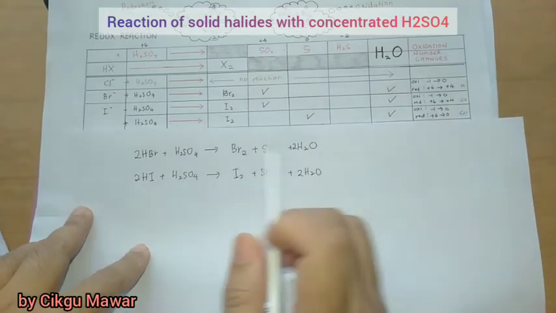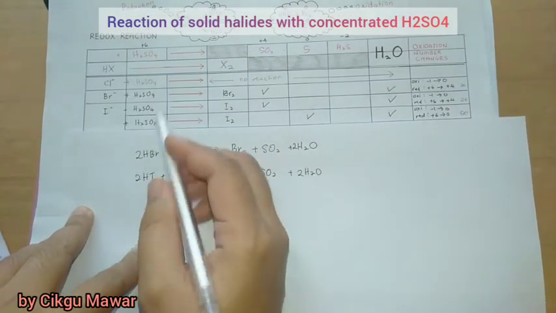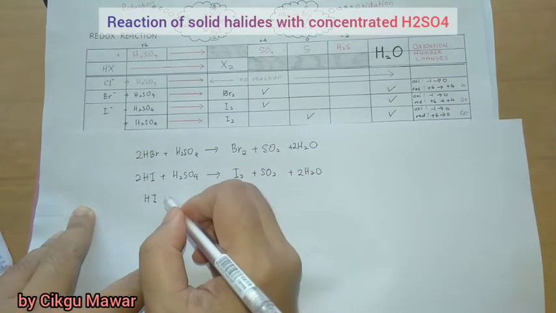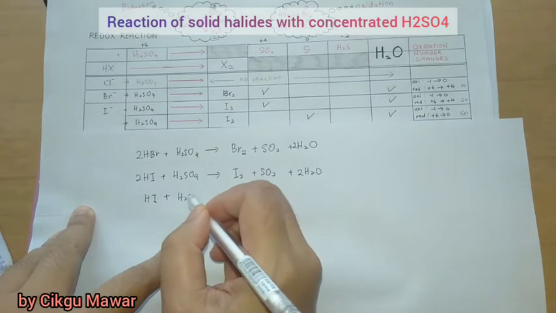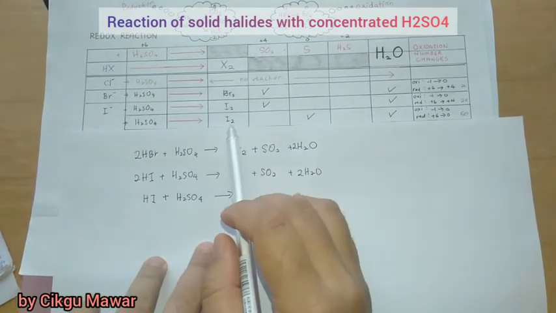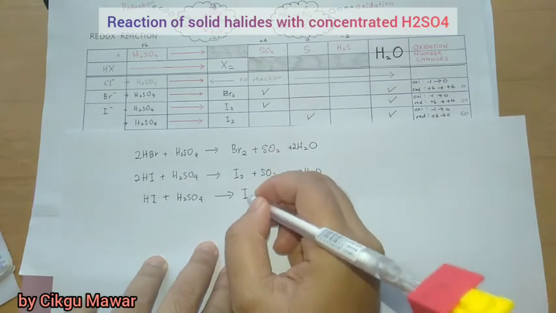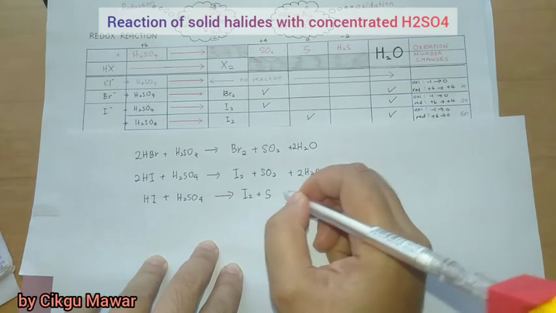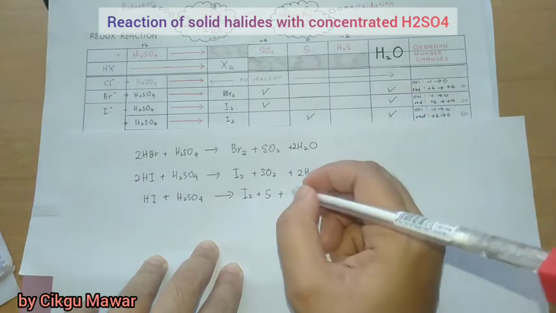Now the next reaction of iodide with sulfuric acid, we write as hydrogen iodide reacting with sulfuric acid. What is the product here? Iodine, and then we have sulfur itself, and then we have water.